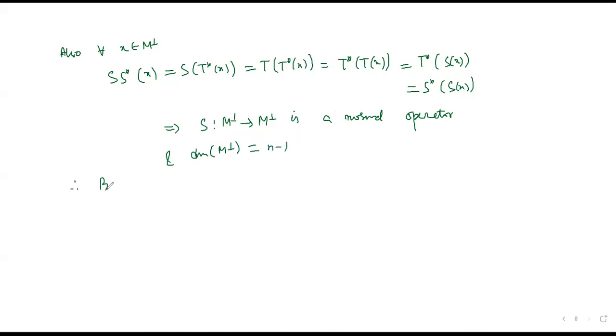Therefore, by the induction hypothesis, there exists an orthogonal basis B. Actually, a basis should exist, but it will be orthogonal because of Lemma 2.